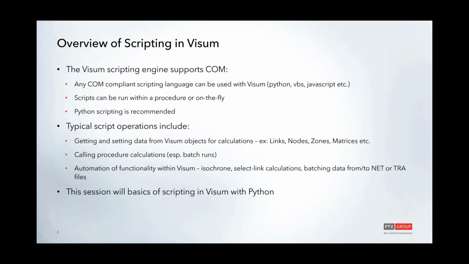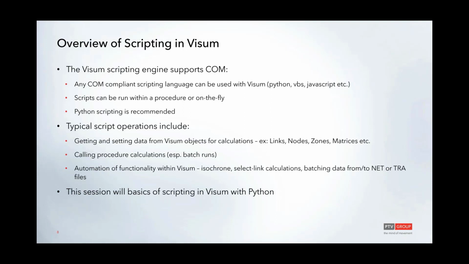Now, scripts can be run within a procedure sequence, or they can be run on the fly, and that depends on what type of work you're doing with the script. If it's just some one-time calculation update or functionality that you're using, then you can simply use the on-the-fly script call. But if you're embedding a script inside a model calculation, then you would typically run it within a procedure sequence.